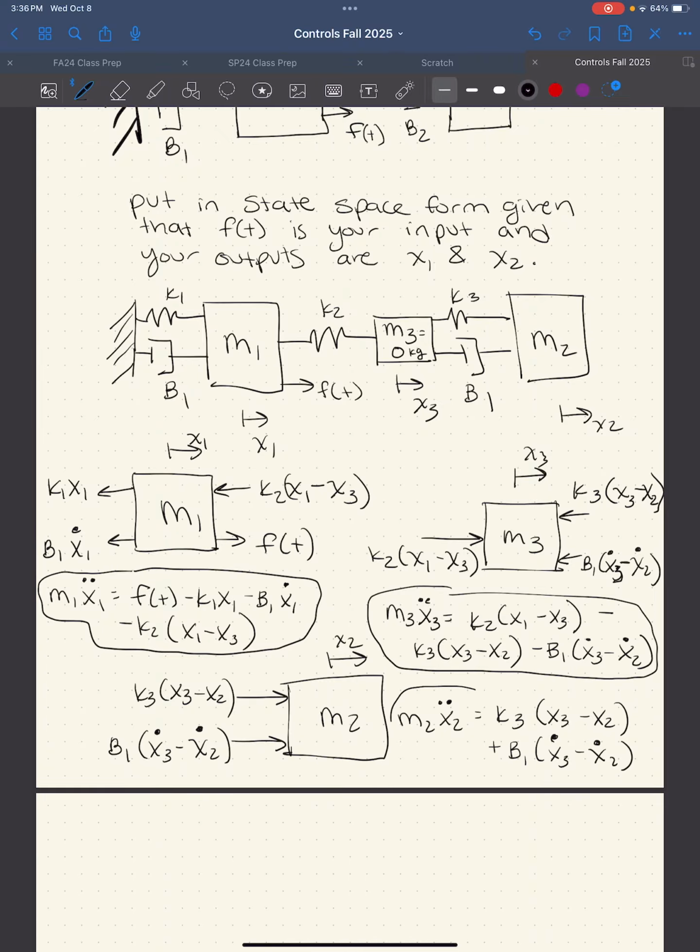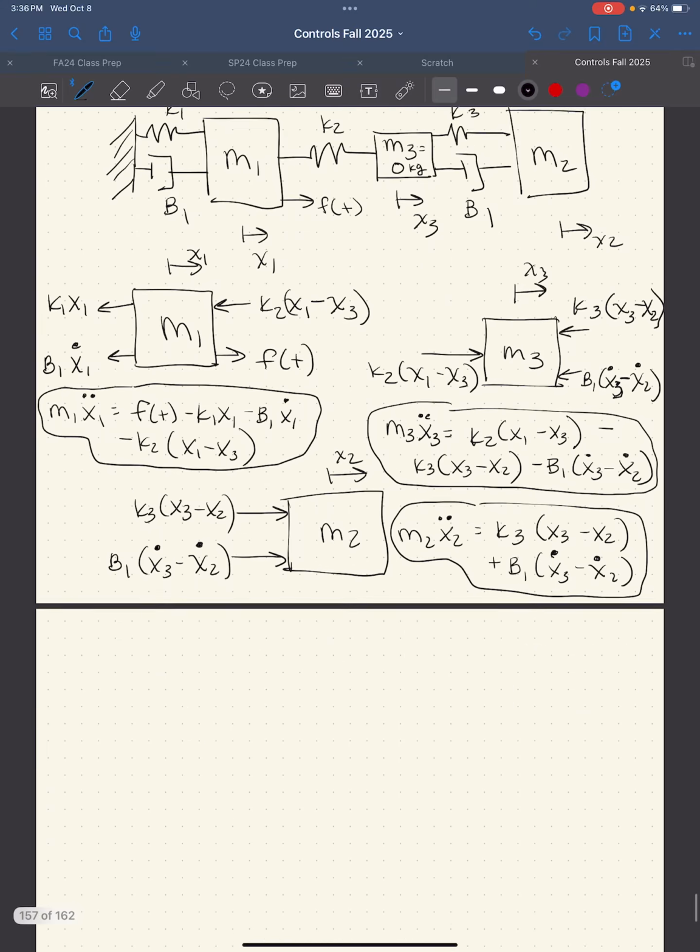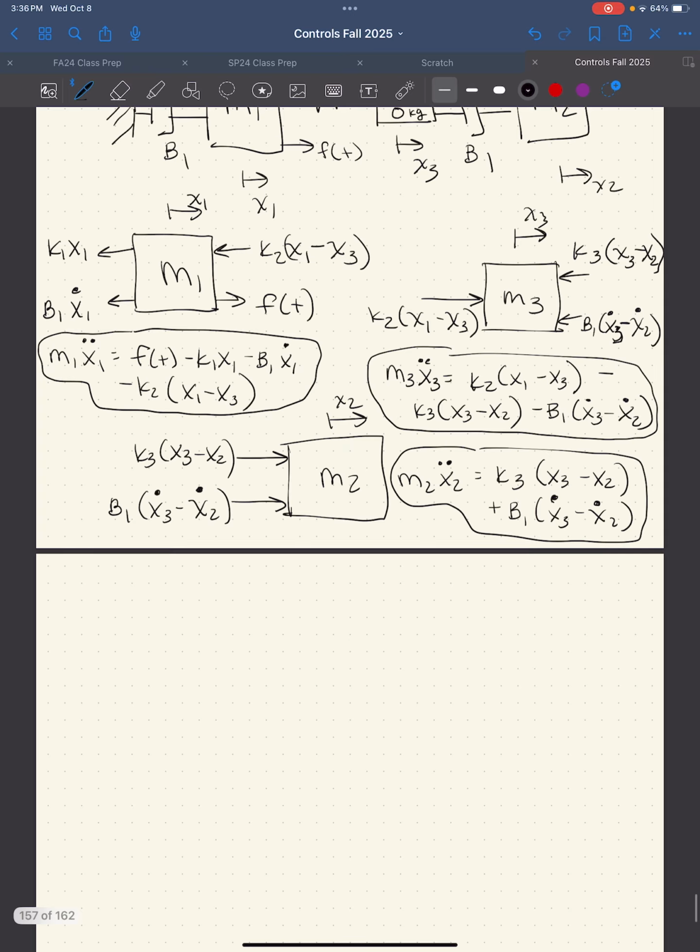All right, just like I did before, I'm going to pull these equations of motion down below and do some rearranging. I also need to recognize that M3 is equal to 0. So specifically for this equation of motion, the sum of the forces will equal 0, only for that particular equation of motion. Okay, let's grab this equation.